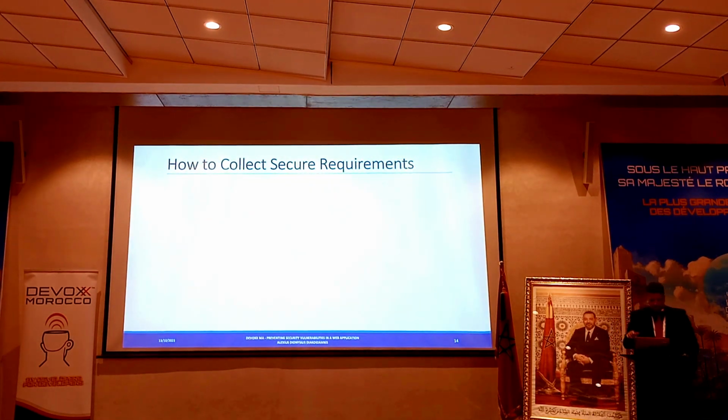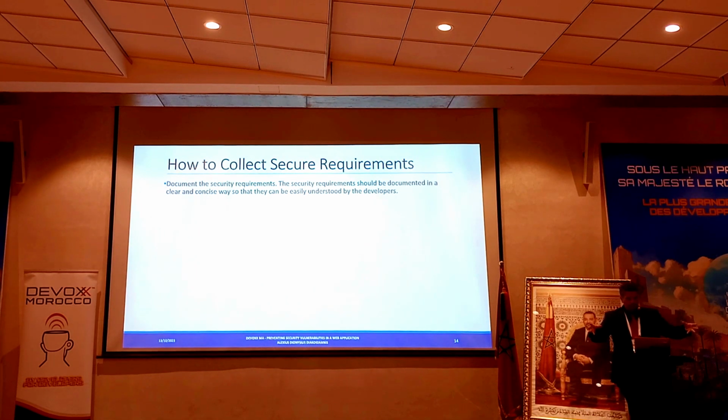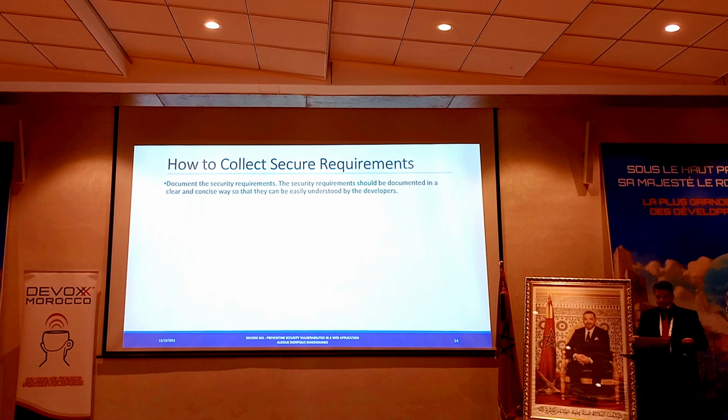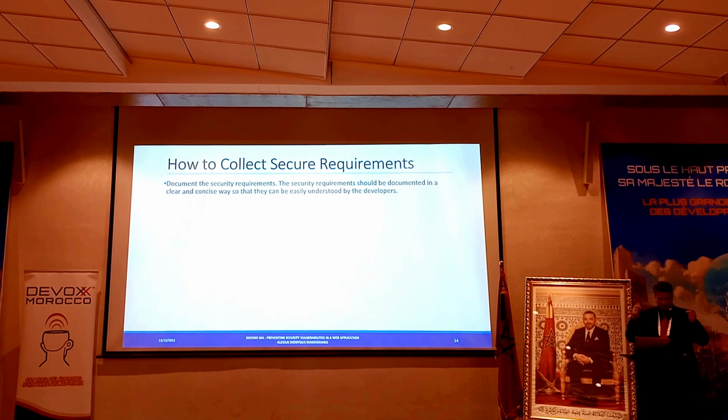Now, let's continue. You have the requirements. What are you doing with them? You need to document them, and they need to be very clear for the developers. So the developer, when he gets a requirement that involves security, needs to know exactly what he's going to do. At the end of this presentation, I will show you a counter example of that.